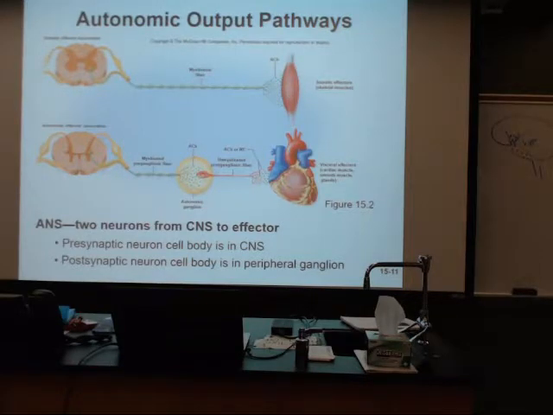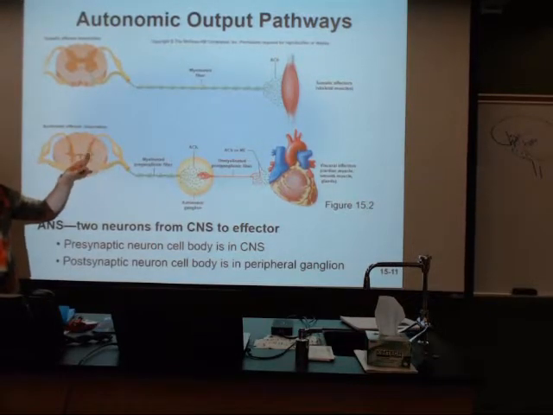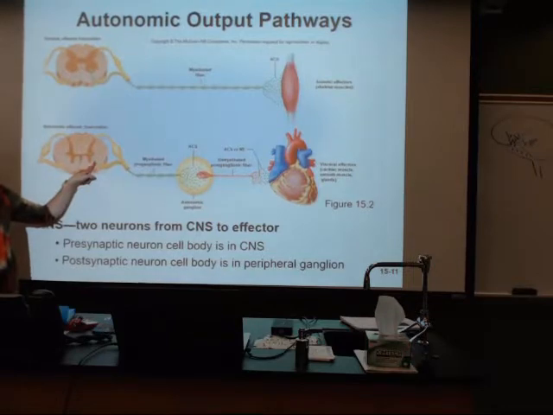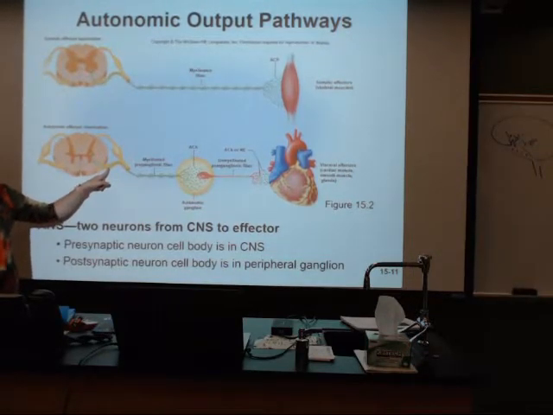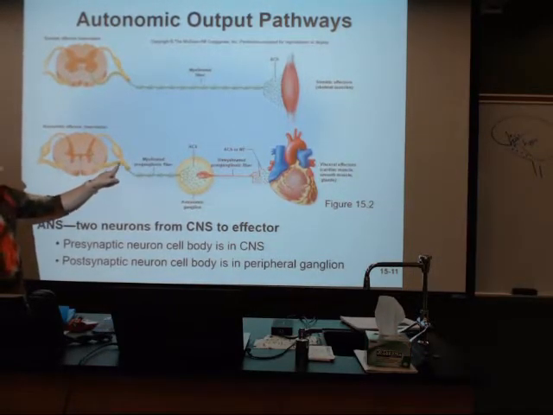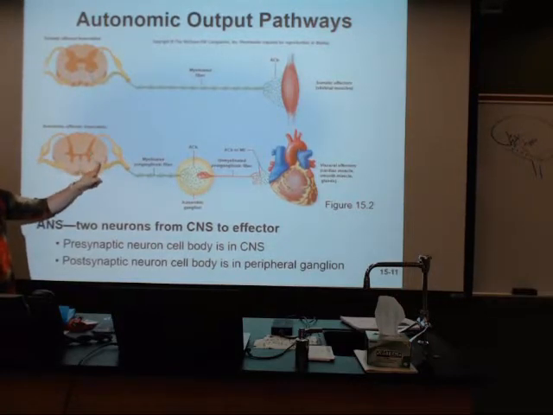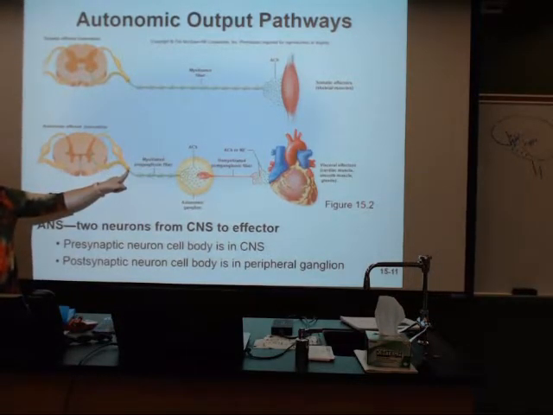My hypothalamus, my brainstem. And they send information down the spinal cord and then send out the motor response. It's going to leave by way of the spinal nerve.